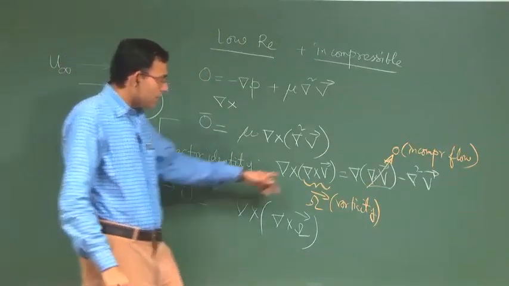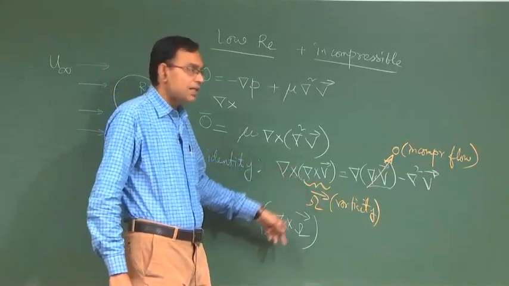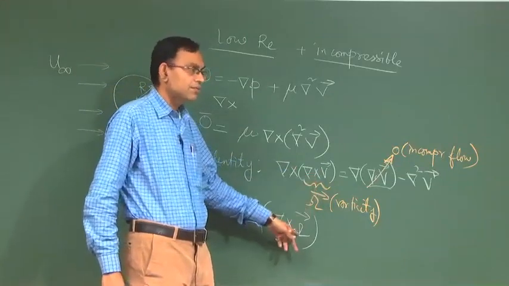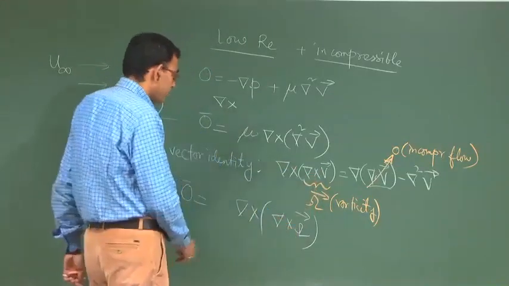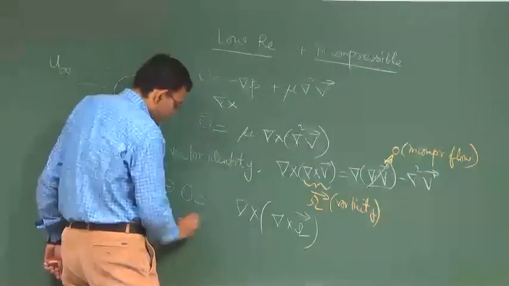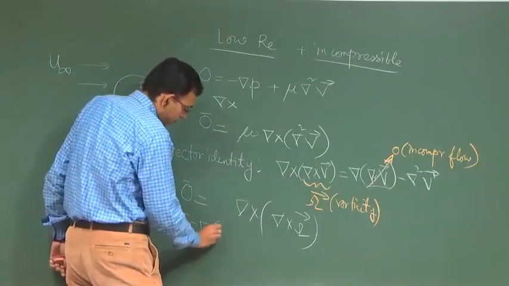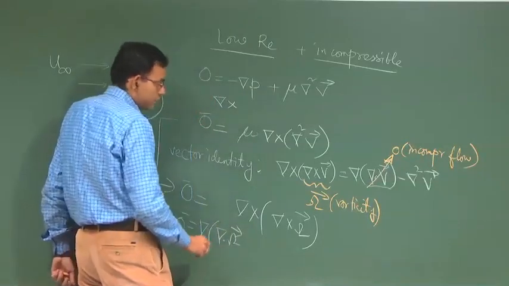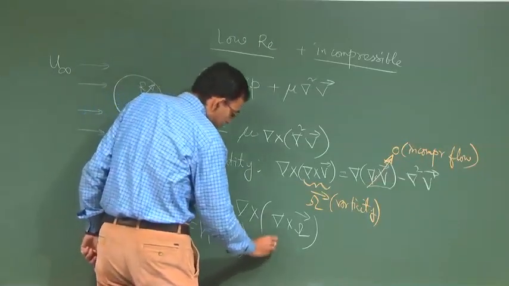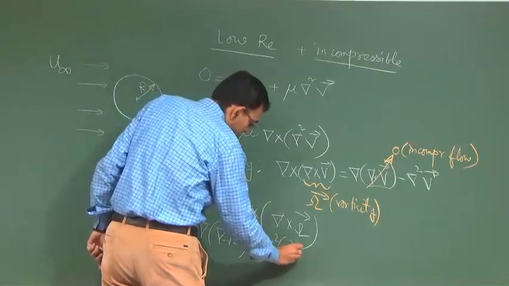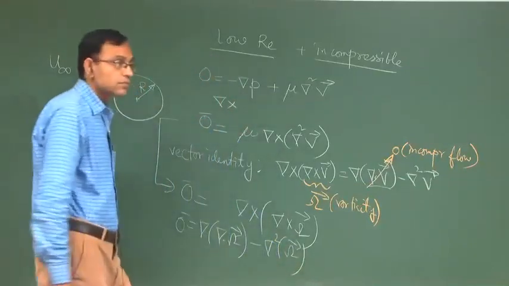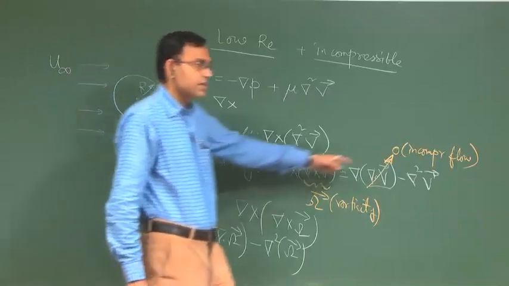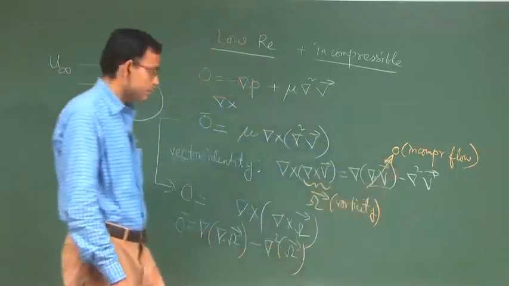So now we will use the same vector identity again, just replace V with omega. So you have, right, just replace V with omega.